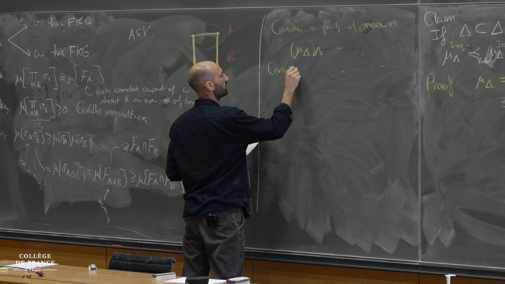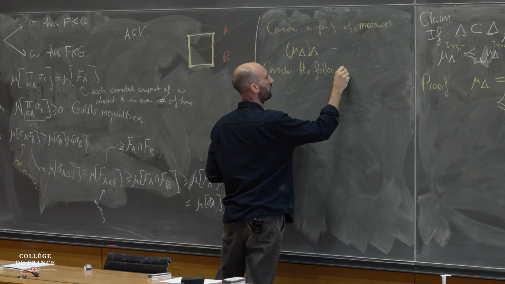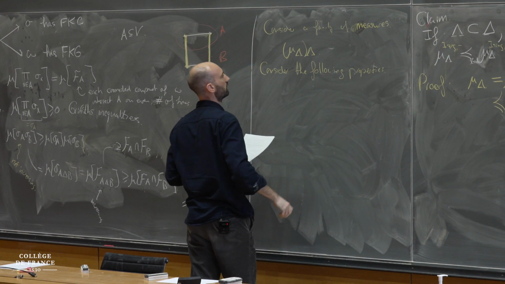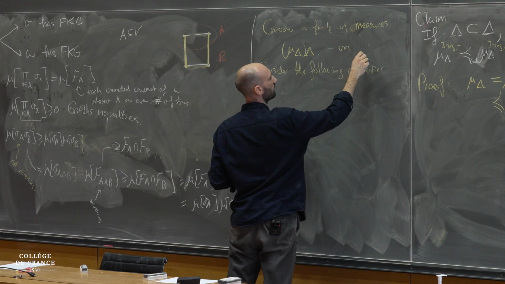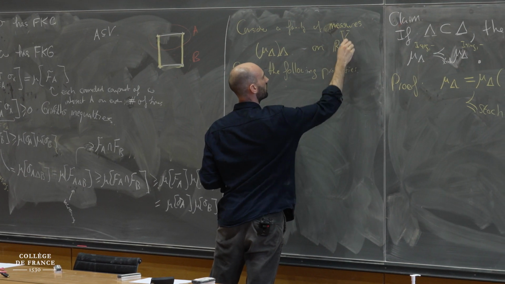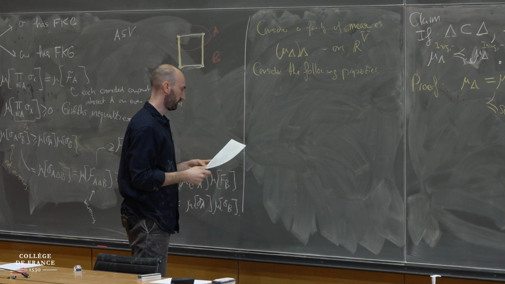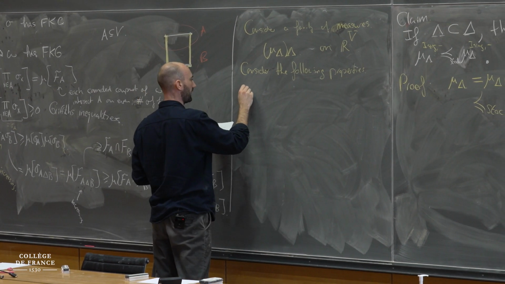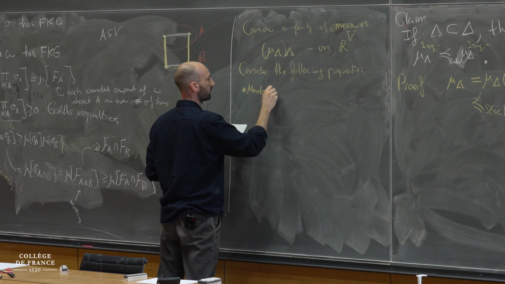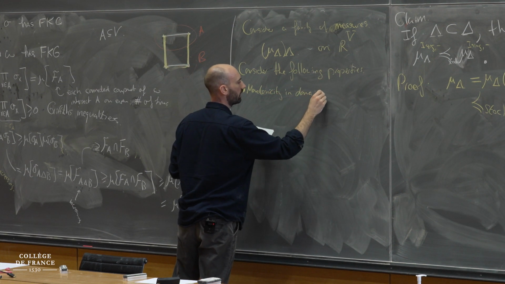And we define the following properties. So they're measures on R to the V. In this case it's just plus or minus 1 to the V. So we define monotonicity in domains.